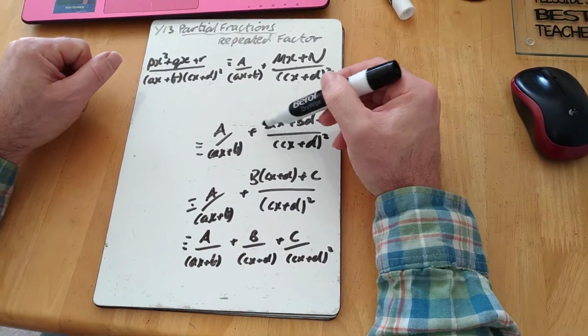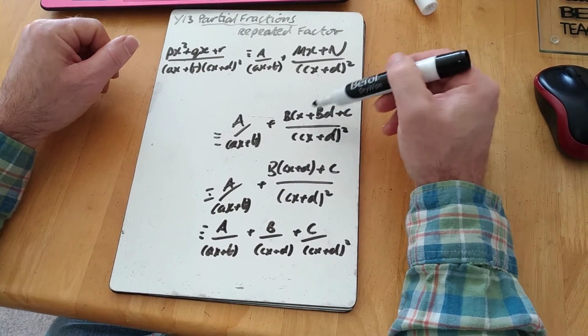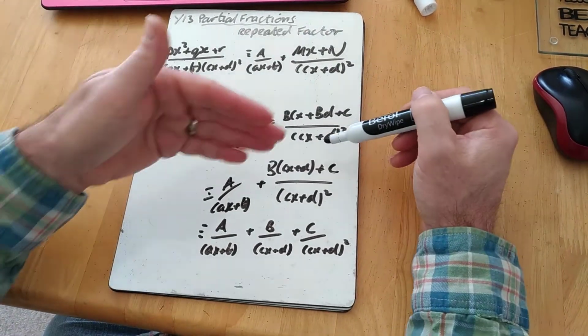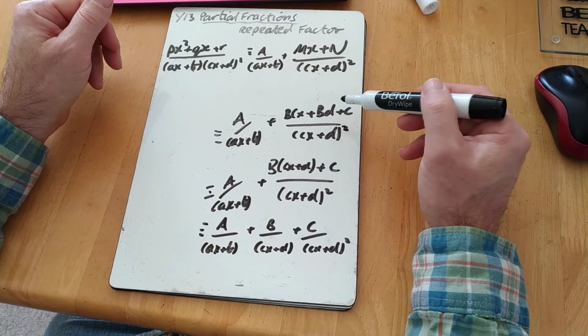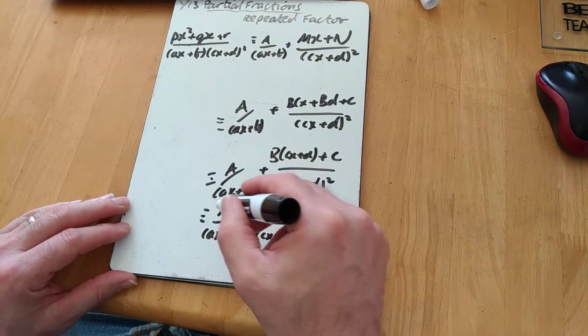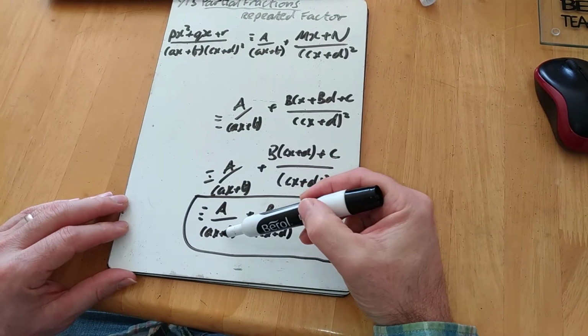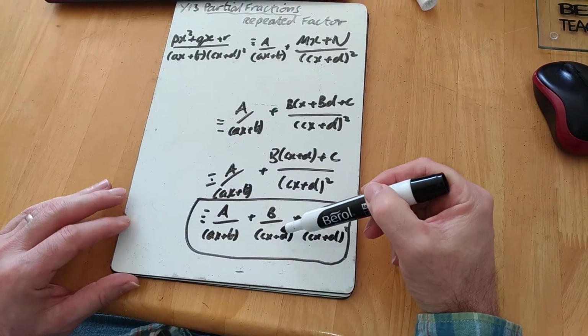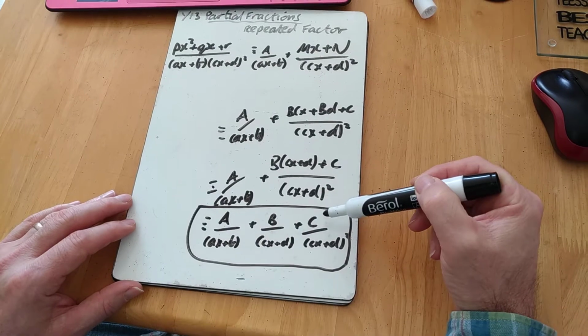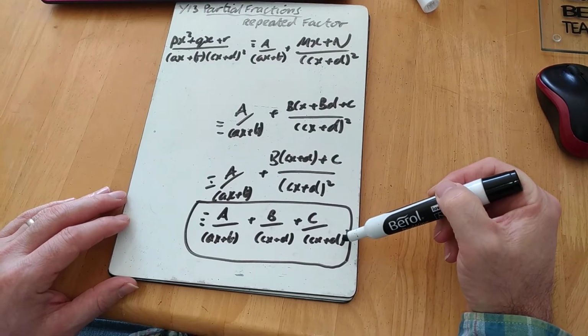So we end up with something x plus something over that thing, and we can do some algebraic long division. Basically, our setup is a constant over linear, a constant over the repeated factor to the power 1, and a constant over the repeated factor to the power 2.